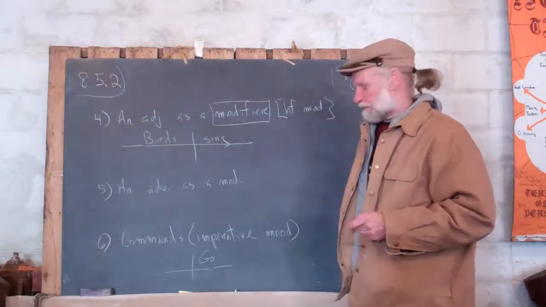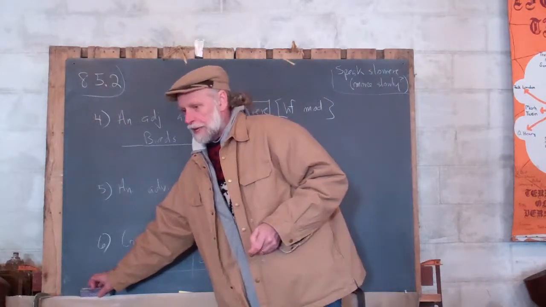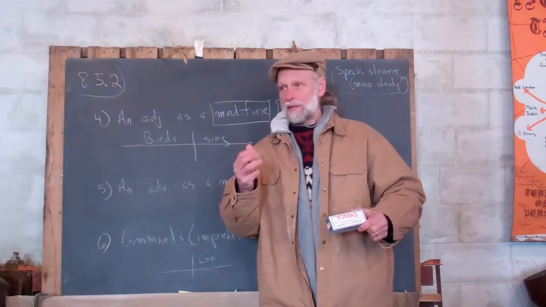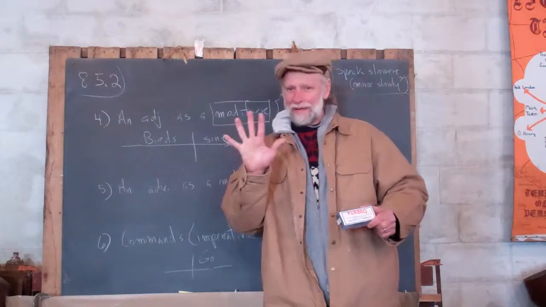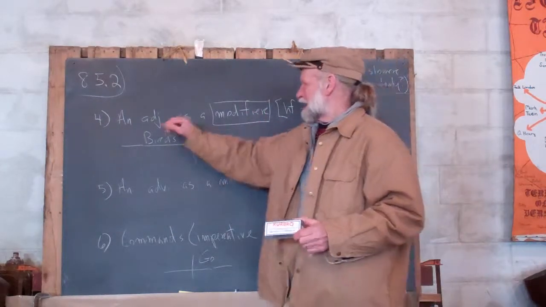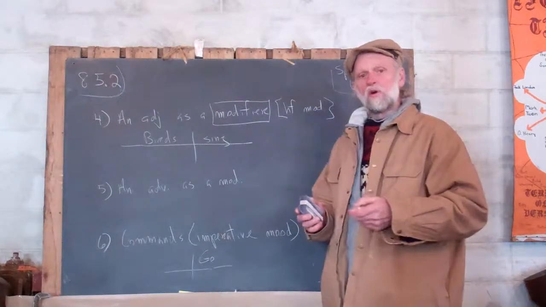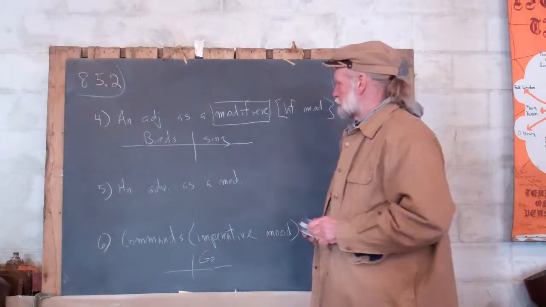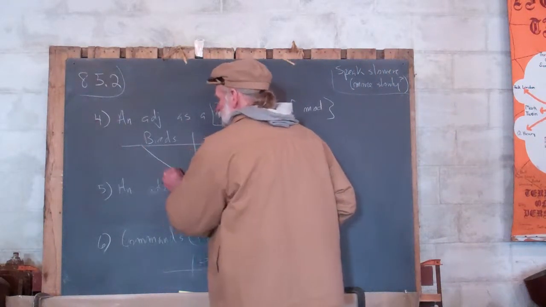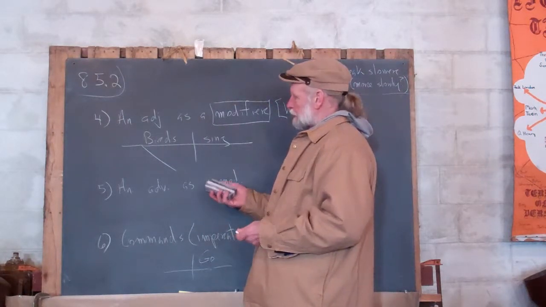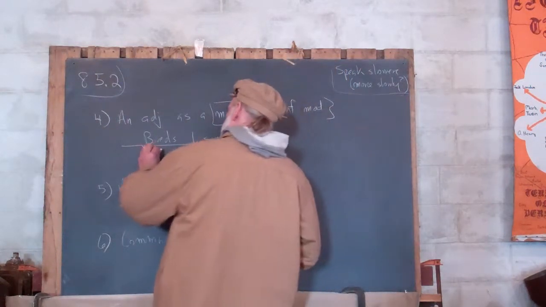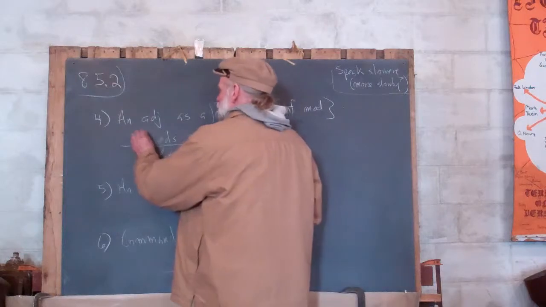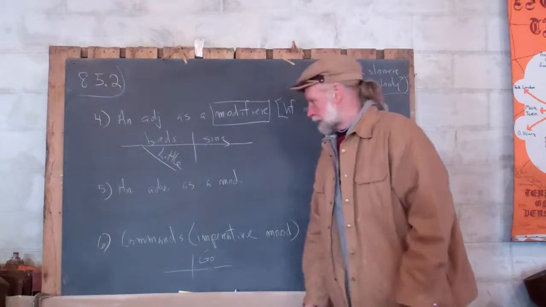Well, if you want to modify that word birds, what kind of, how many, how much, whose, or which one? Those are the questions that adjectives answer. So let's go with what kind of. What kind of birds? Little birds sing. Well, what you would do is you would put little underneath the word it modifies. Now it would be capitalized to show you that that's where the sentence begins. So now little birds sing.